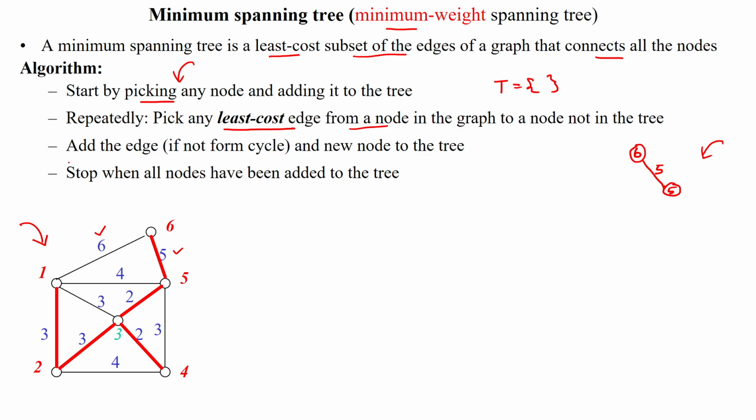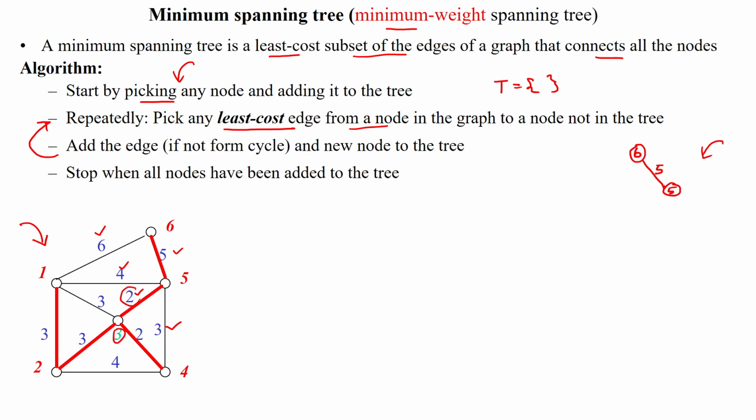So we have to repeat this by picking the least cost edge from node 6. There are no other edges from 6 with less cost, so we can select 5. From 5, we have 3 edges available: 5 to 1, 5 to 3, and 5 to 4.